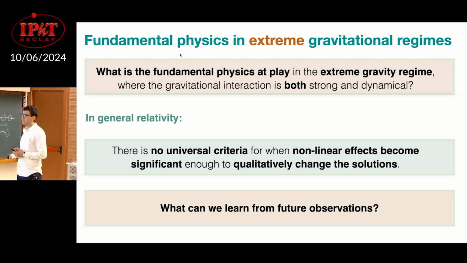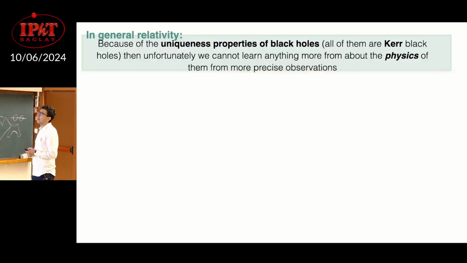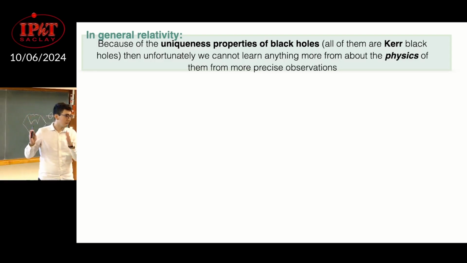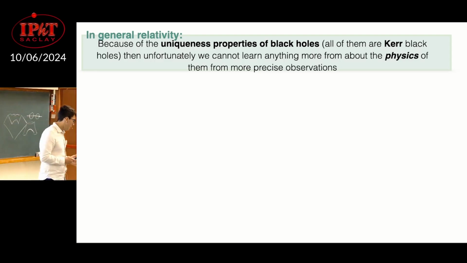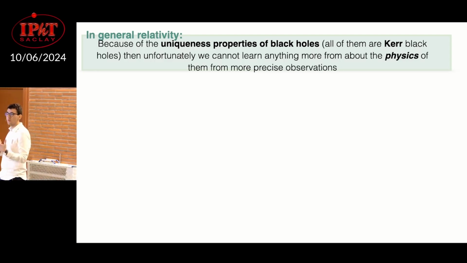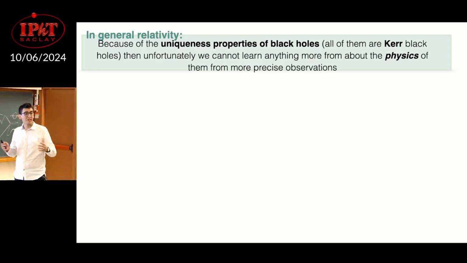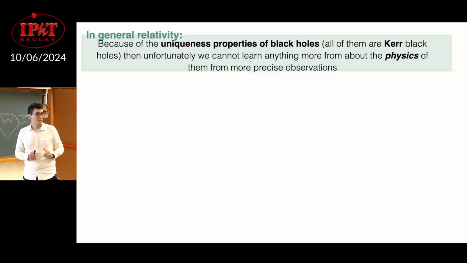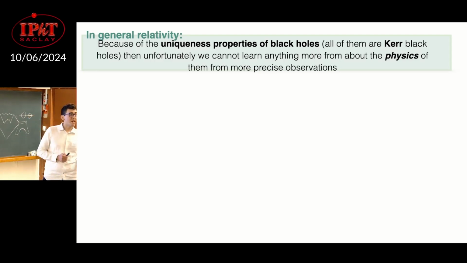We have a lot of events in the strong gravity regime, but because of the uniqueness properties, if GR holds, then we won't be able to learn new fundamental physics from just observing better black holes, either in the electromagnetic sector or in the gravitational wave sector. So you won't find anything relevantly different or new. What we can indeed do is learn more about fundamental astrophysics.